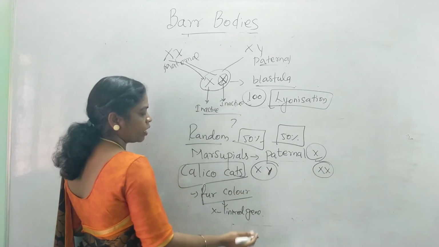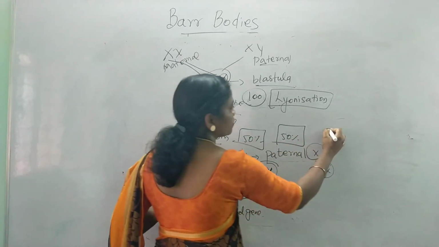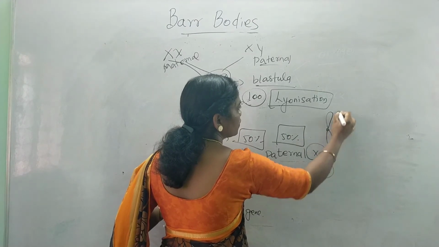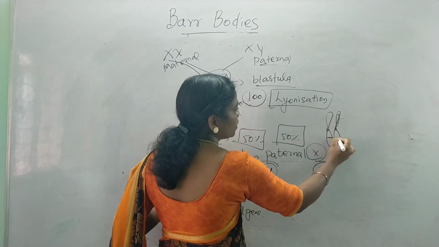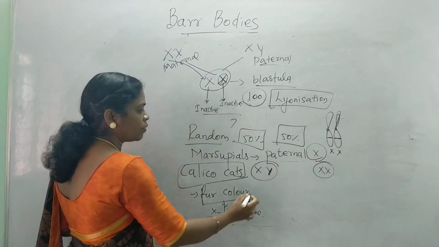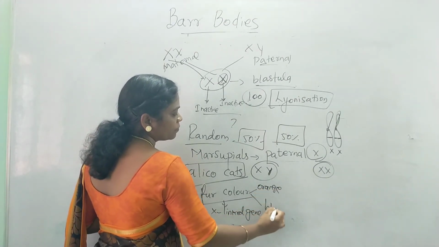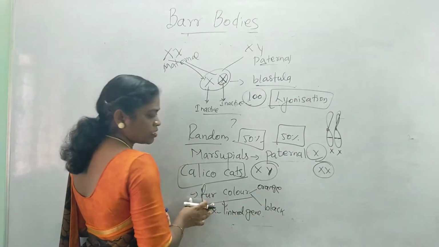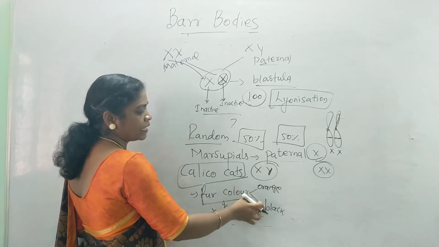This is Y. Okay, so imagine there are two forms, two alleles. The X chromosomes will have the gene in alternative forms. The fur color may be orange or it may be black. So the skin color gene exhibits two alternative forms, orange and black.